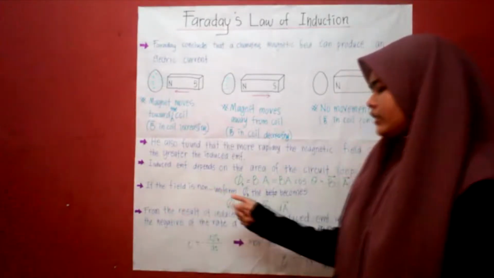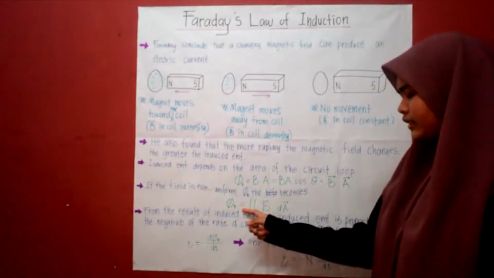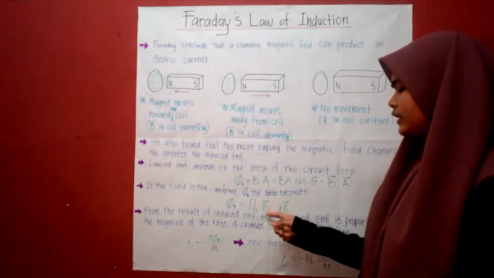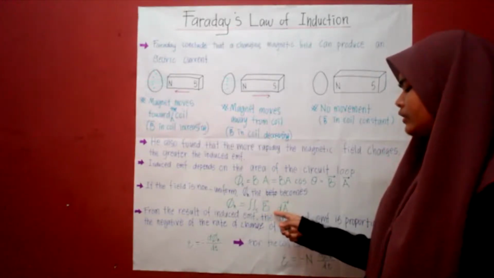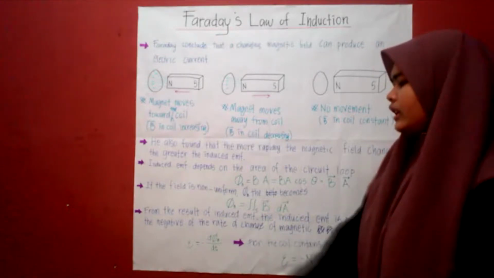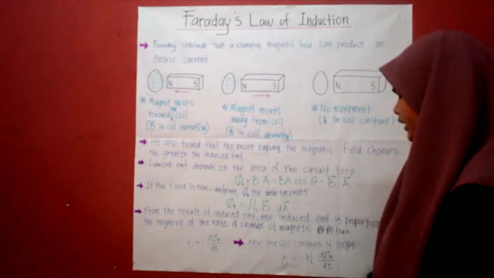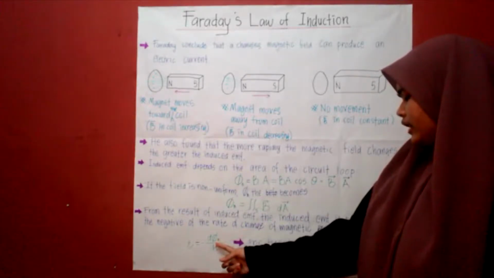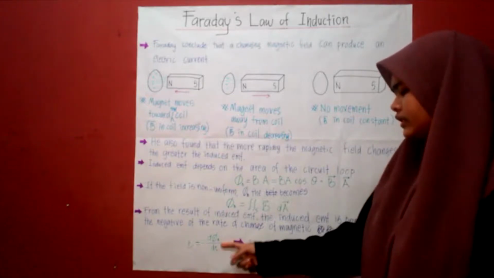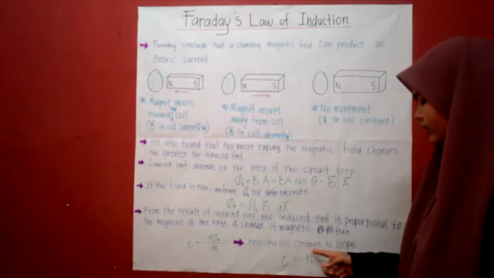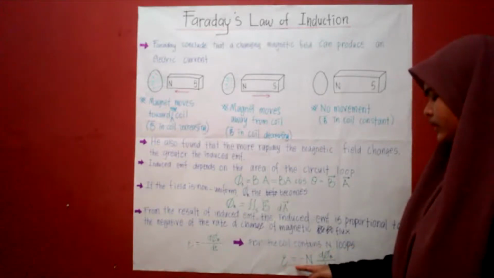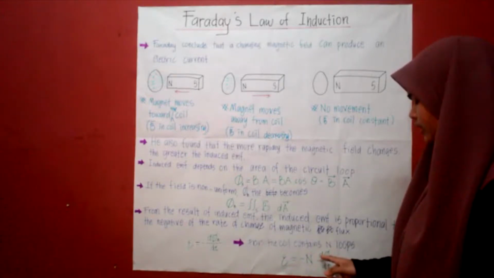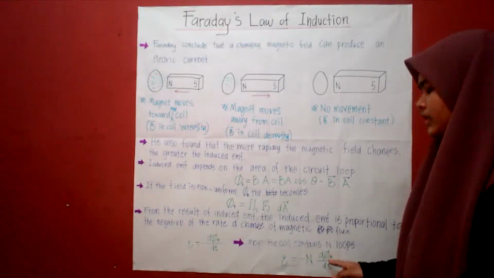And if the field is non-constant, the magnetic flux is equal to the double integral over the surface of the magnetic field vector dot the change in the area vector. From this result, the induced EMF is proportional to the negative of the rate of change in magnetic flux. For a coil containing N loops, EMF is equal to negative N, the number of loops, times the rate of change in magnetic flux.